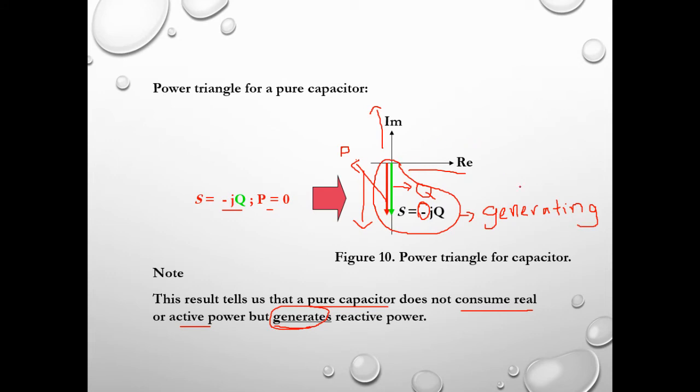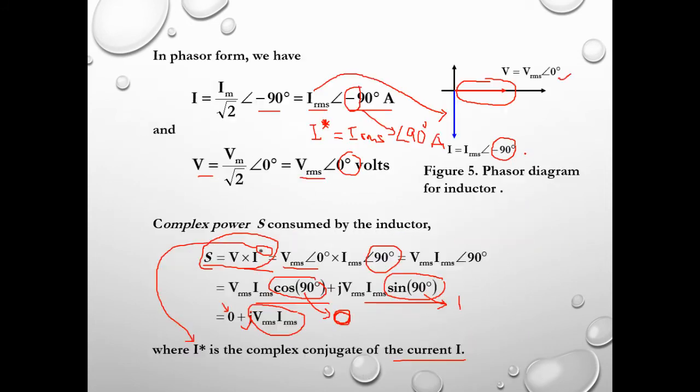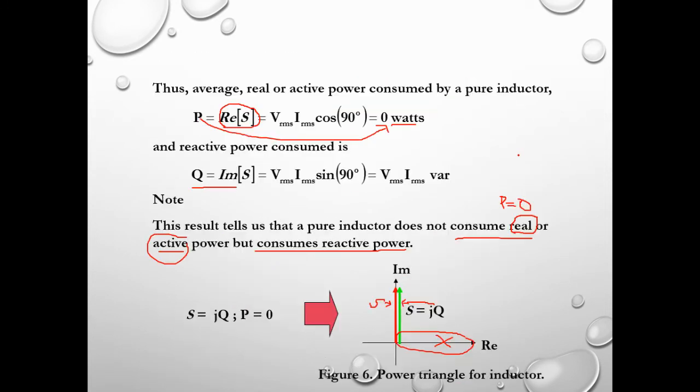In the previous notes for the pure inductor, Q is positive, which means the inductor is consuming reactive power.